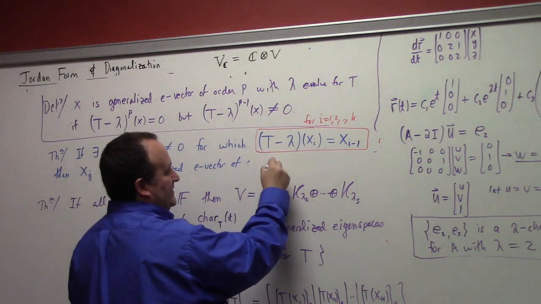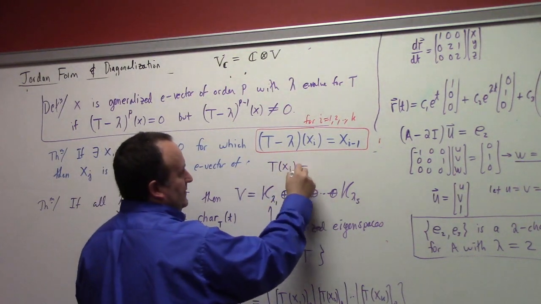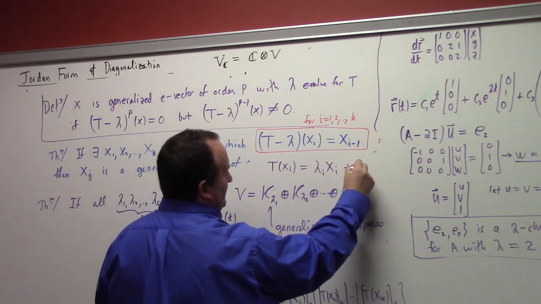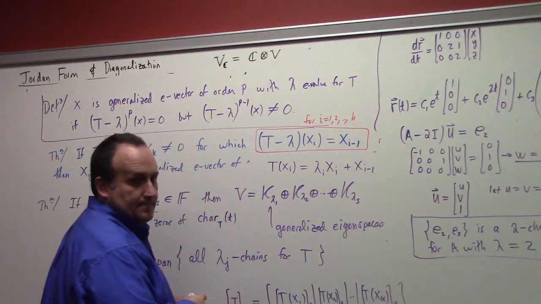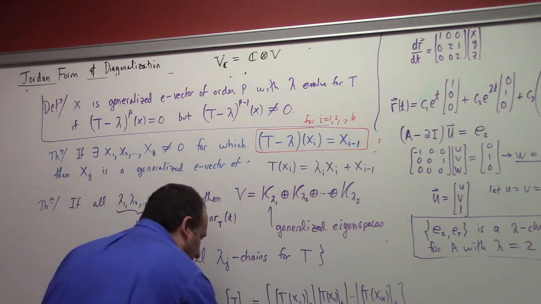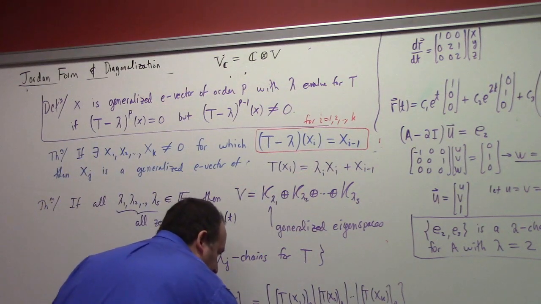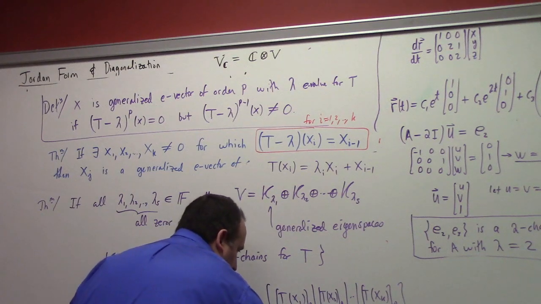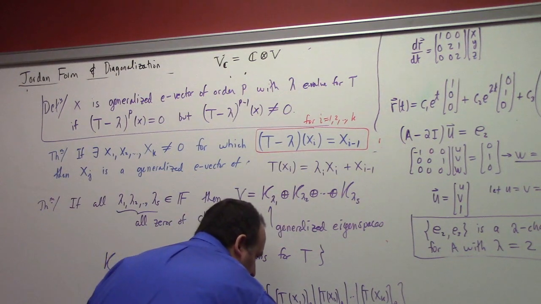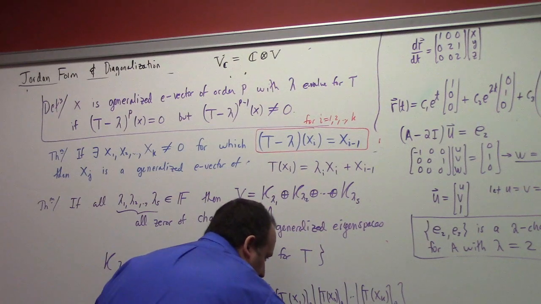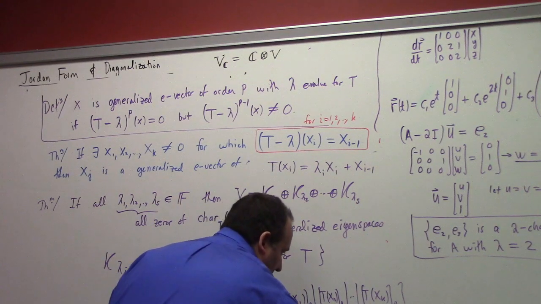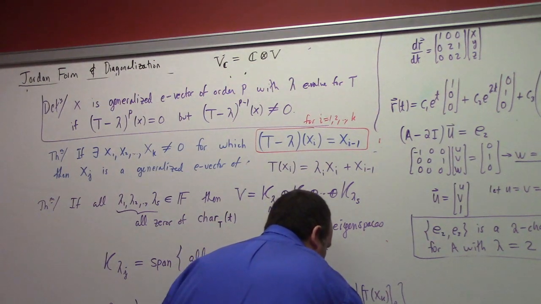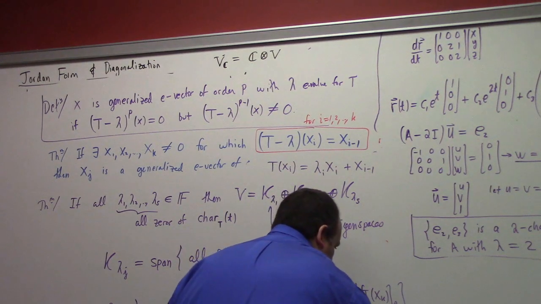What this is really saying is that T of xi is equal to lambda xi plus x sub i minus 1. So what we're looking at here is lambda x1, and then lambda x2 plus x1, and so forth, all the way down the line until we've got lambda xk plus x k minus 1.